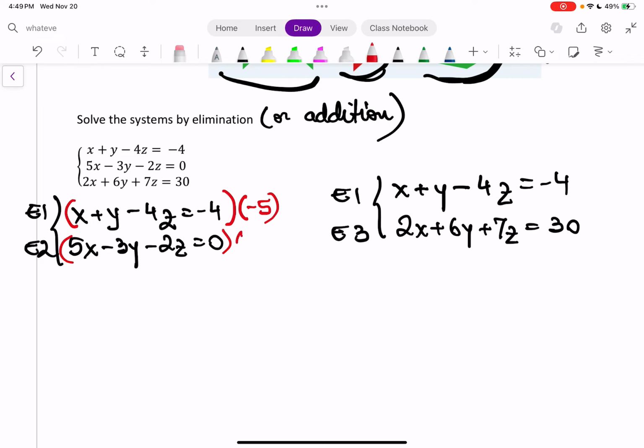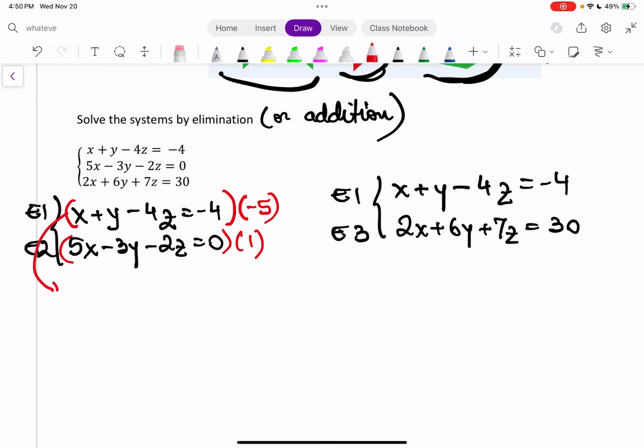So in other words, it's not going to change. Now, the reason why I multiply the top equation by a negative is that I don't just need a 5 in front because 5 plus 5 would add up to 10, but I need a -5 because -5 plus positive 5 would add up to 0.